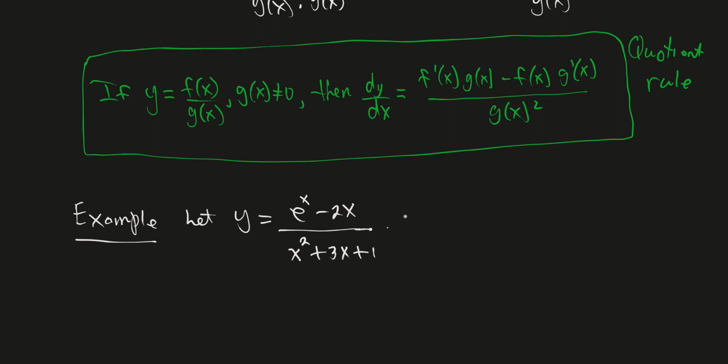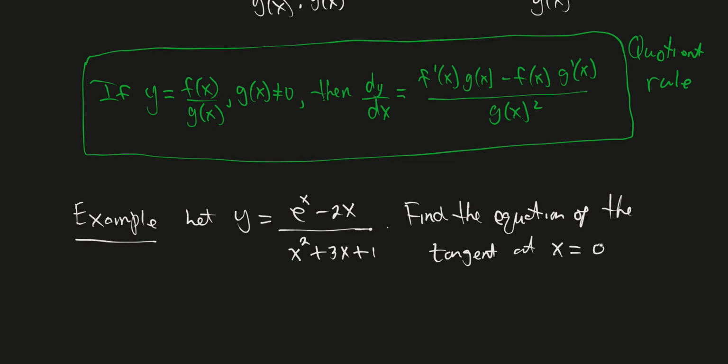And what we want to do is to find the equation of the tangent line to this function at x equals 0, all right? So that's what we have to do.